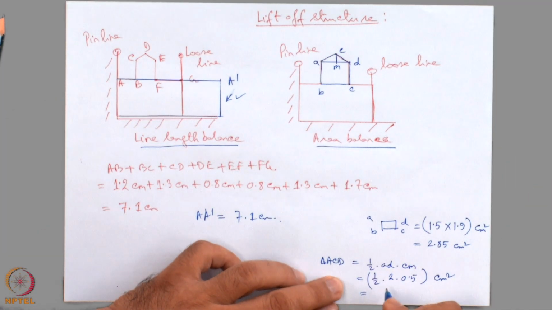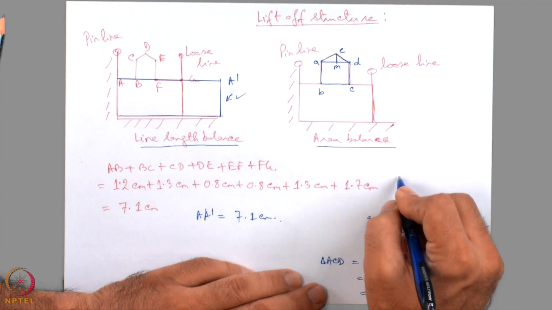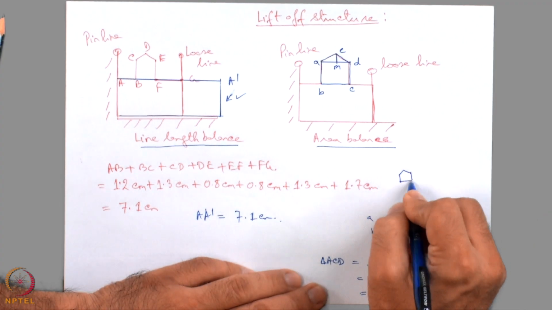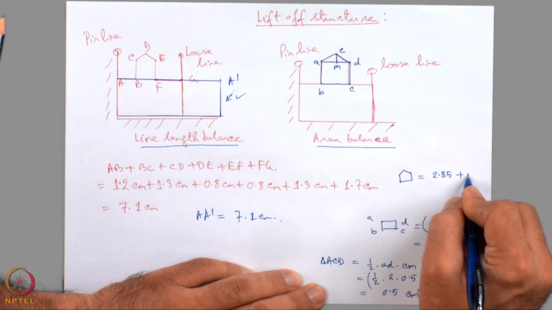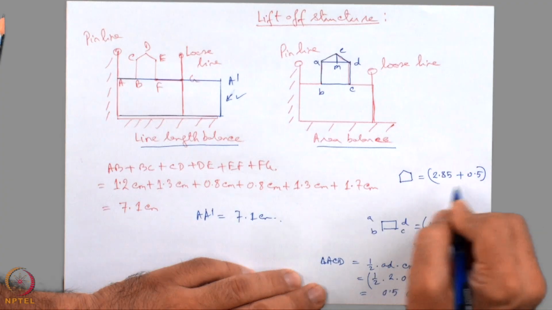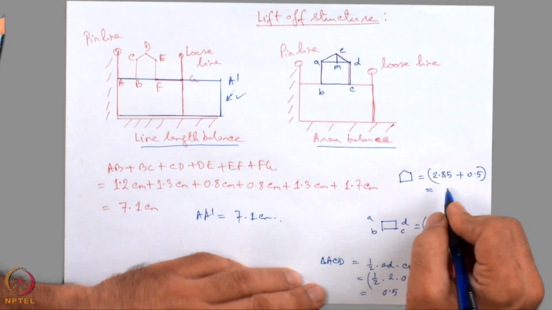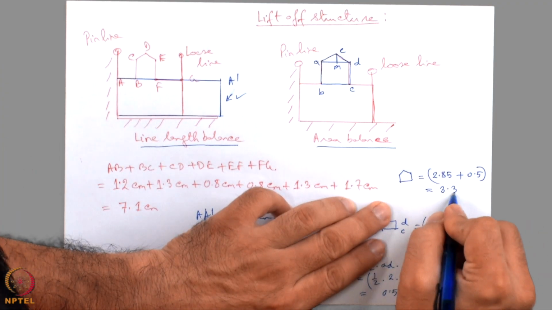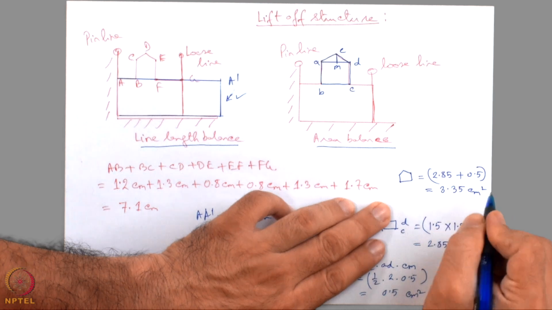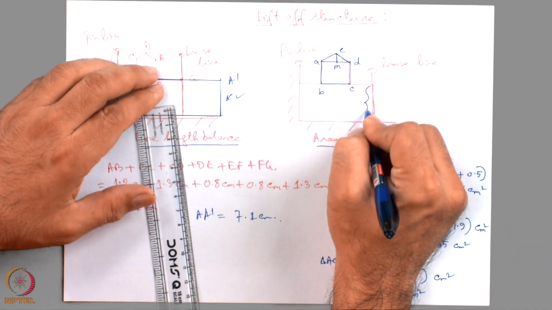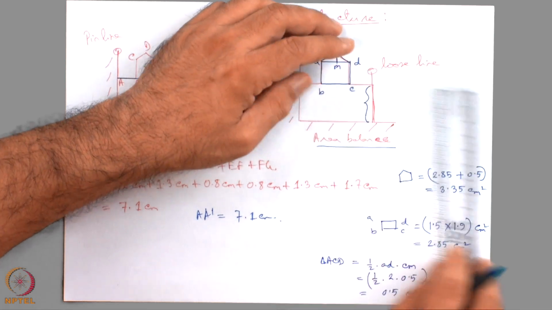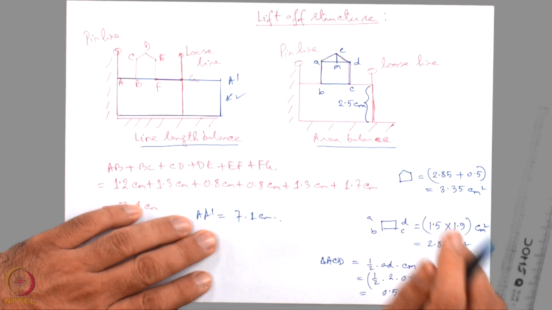So the answer is 0.5 centimeter square. So the total area is given by 2.85 plus 0.5 centimeter square, which is 3.35 centimeter square.